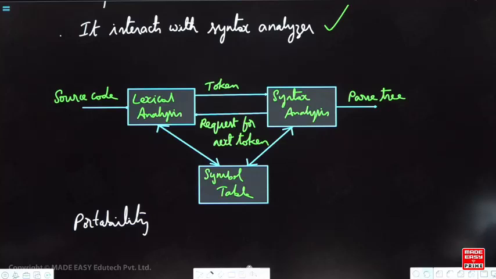Take the heading: why should we separate lexical analysis from syntax analysis? First point: to simplify the design of a compiler.